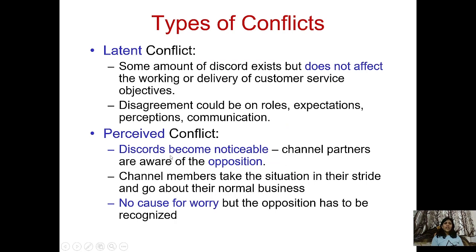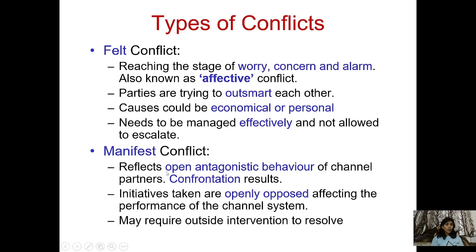Perceived conflict is about your perception and what you are thinking. Felt conflict involves worry, concern, and alarm, and is also known as affective conflict because parties try to outsmart each other. Manifest conflict is open, antagonistic behavior.